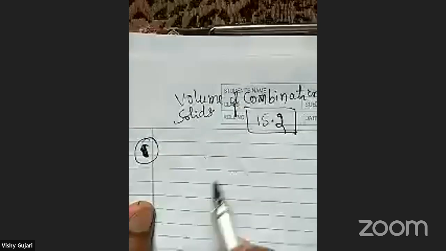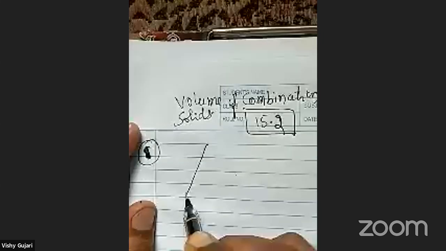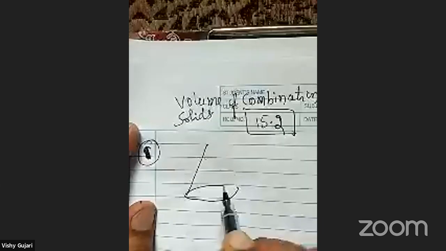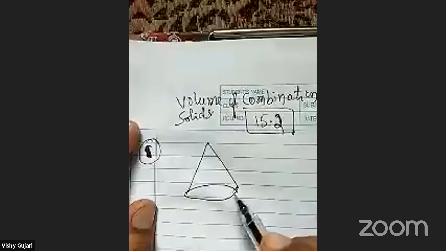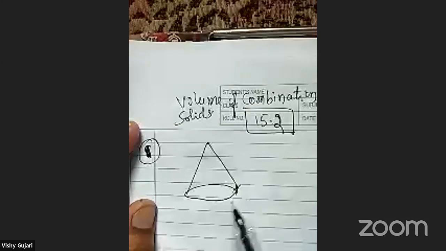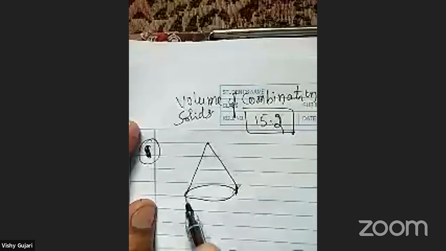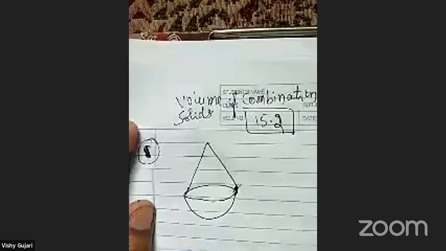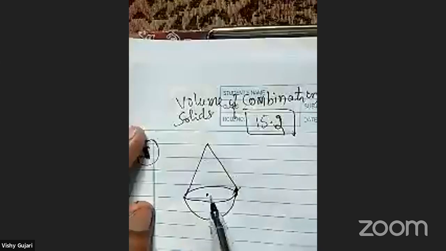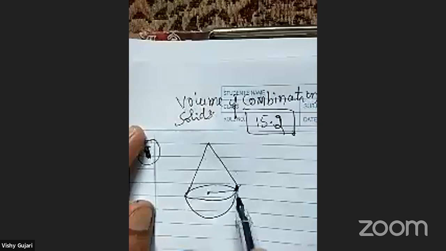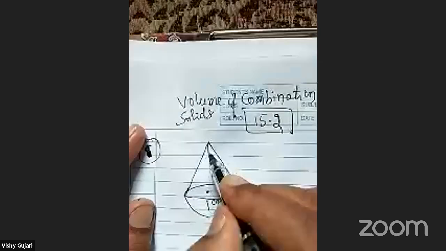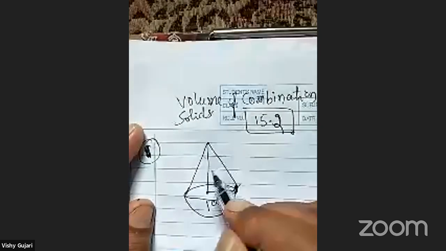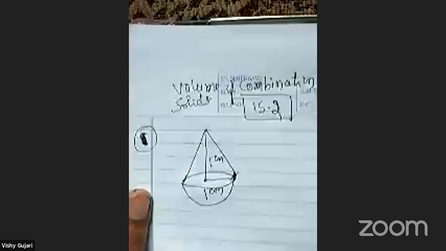Look here. A cone is standing on a hemisphere like this, are you getting it? This is exercise problem 15.2, first problem. Both the cone and hemisphere have radius equal to 1 centimeter. Height of the cone is also 1 centimeter.